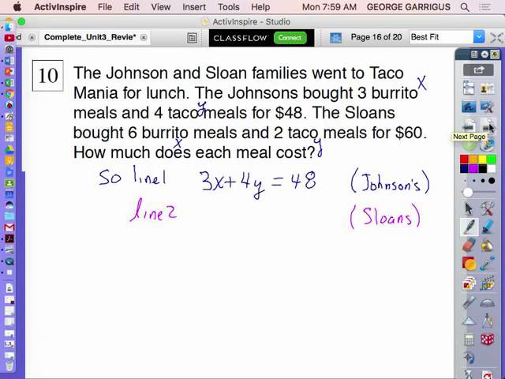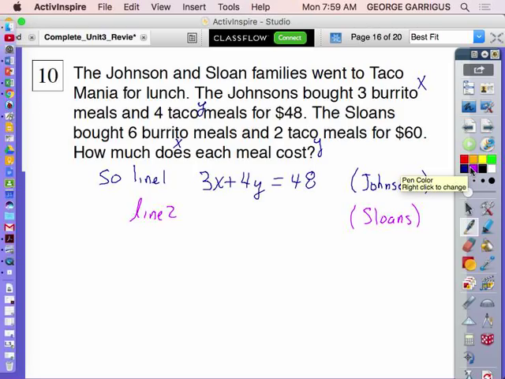Problem 10. The Johnson and Sloan families went to Taco Mania for lunch. The Johnsons bought 3 burrito meals and 4 taco meals. So we'll call burritos x, tacos y. They total $48. The Sloans bought 6 burrito meals and 2 taco meals for $60.